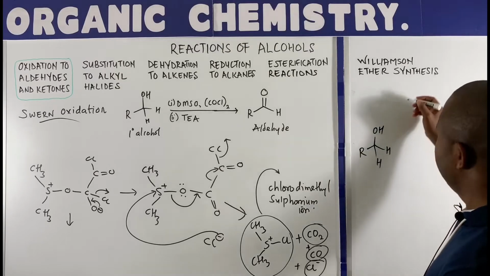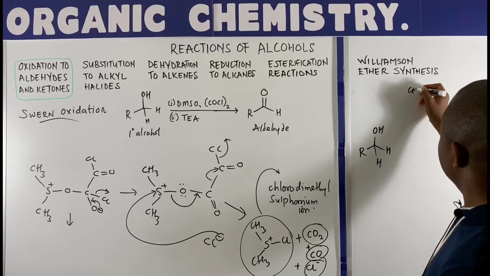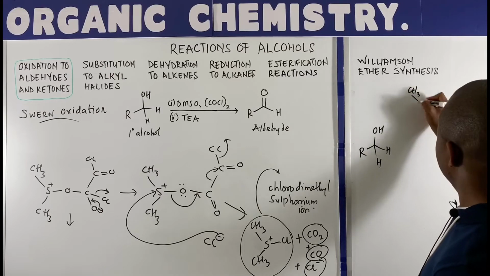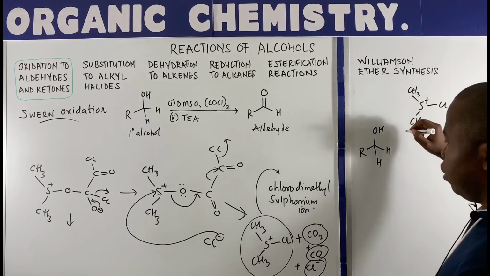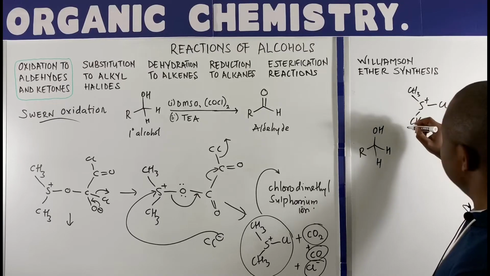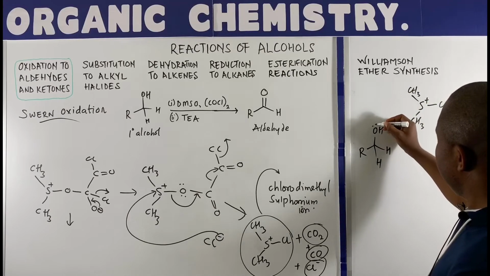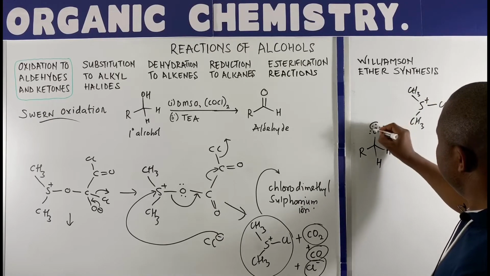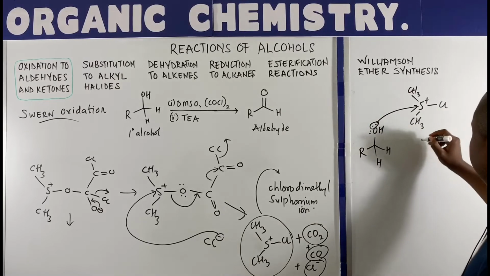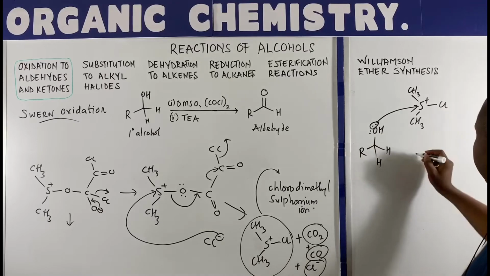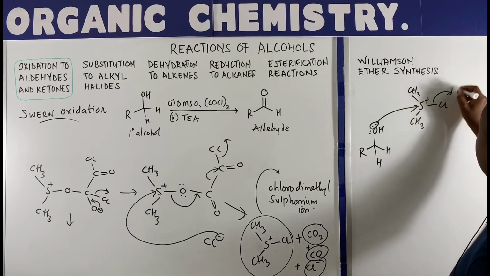So we're going to have the chlorodimethyl, and then we're going to have, so this is our oxidant. The alcohol is going to basically do a nucleophilic attack on the sulfur, and then we're going to have these intermediates, this attacks and this leaves.